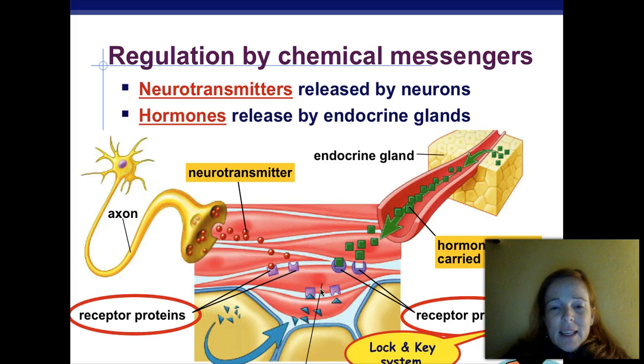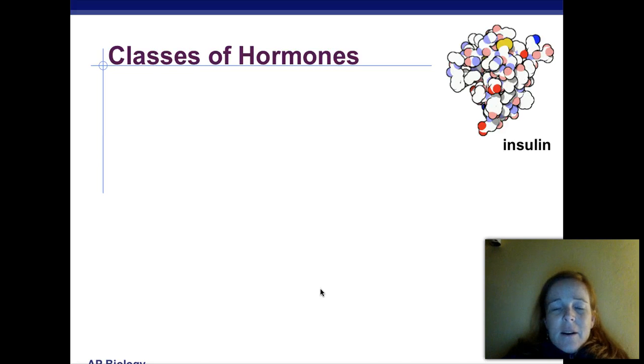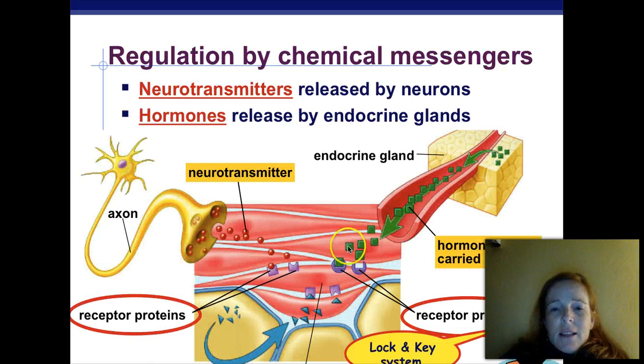And that's a lock and key system. Even though we're talking about cells that are carrying particular signal type chemicals to receptor cells, they're having really different kinds of results. Even though we're talking about hitting target cells with signals, we're having totally different kinds of response.